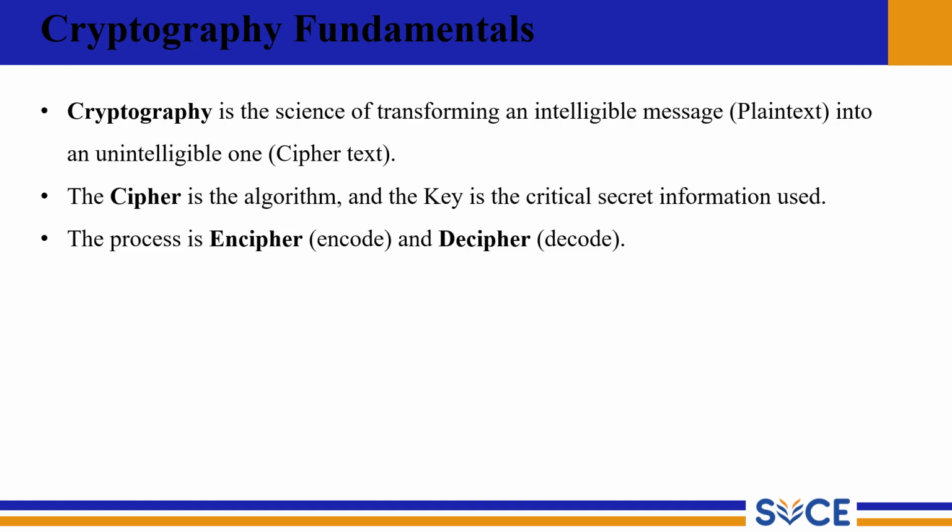The cipher is the algorithm used, and the key is the critical secret information shared between parties. The conversion process from plain text to ciphertext is encipher or encrypt, and the reverse is decipher or decrypt.